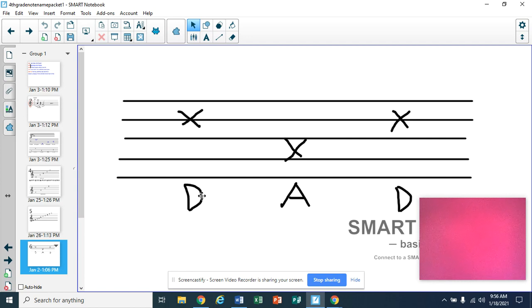Deserves starts with D, therefore I put D on the bottom. This is a space note. Space rhymes with face. F-A. This is the letter A from the word face. And again, on the 4th line, every good burger deserves D. That spells the word dad. But that's something for another time, just to show you something a little fun and interesting.